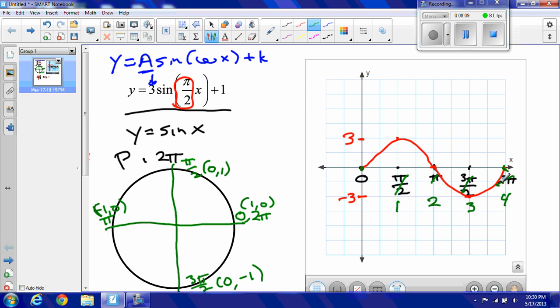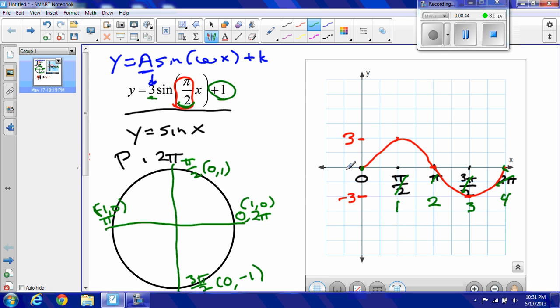So my graph has been transformed for my a and my omega, and all I'm left with is my k. And as you recall from our transformations of all other functions, the k is the vertical shift. So this graph is going to shift up 1. I could redraw it and remark all my points, or I could do something different.